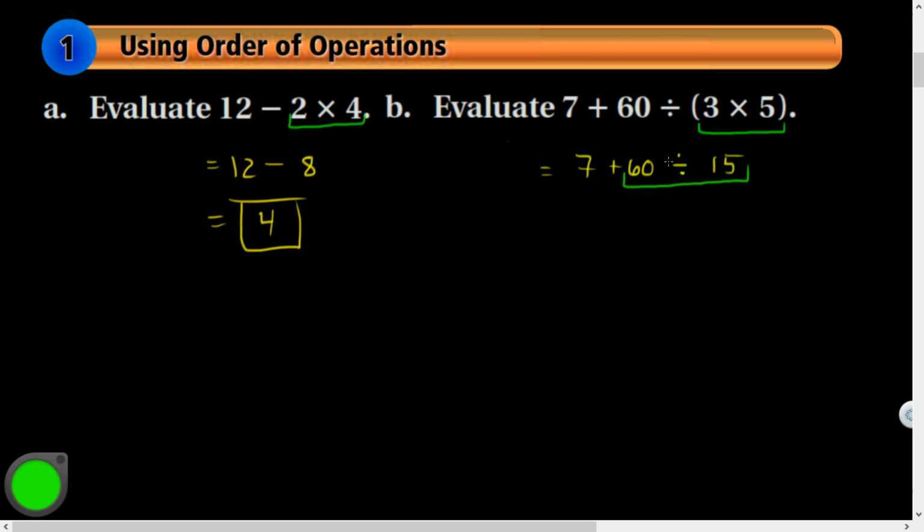Division, because division shows up in the MD or DM part of PEMDAS, so we do multiplication or division before addition. So I'll have 7 plus 60 divided by 15, which is 4. And now I can just add them, and I get 11.